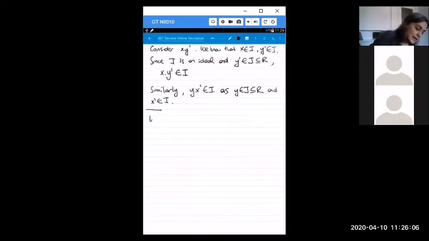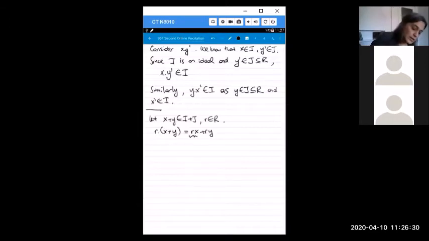And lastly, let us take this element again from I plus J and r from R, and we are going to consider r times (x plus y). If we apply the multiplication here, r times x plus r times y, right?